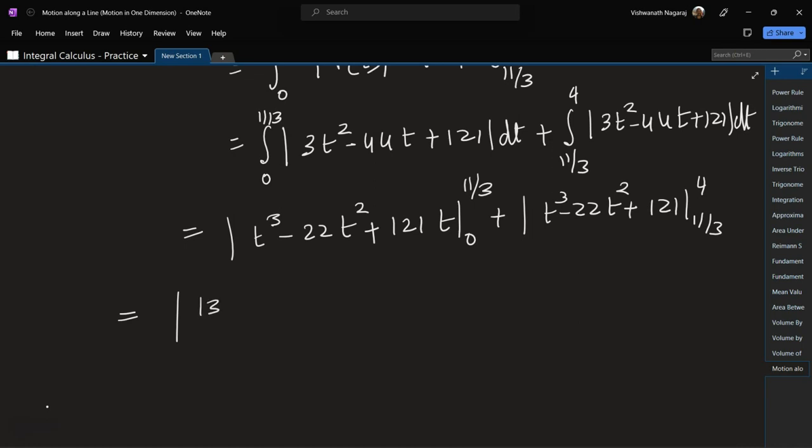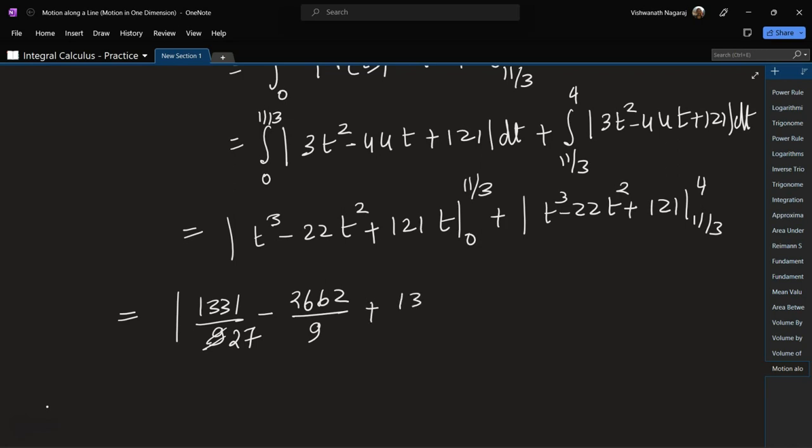11 cube is 1331 by 3 cube, minus 22 times 121 is 2662 by 3 square is 9. By the way, this is not going to be 9, this is going to be 27 because we are talking of 3 cubed.